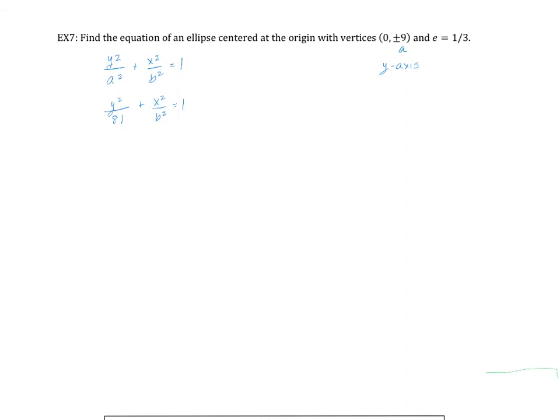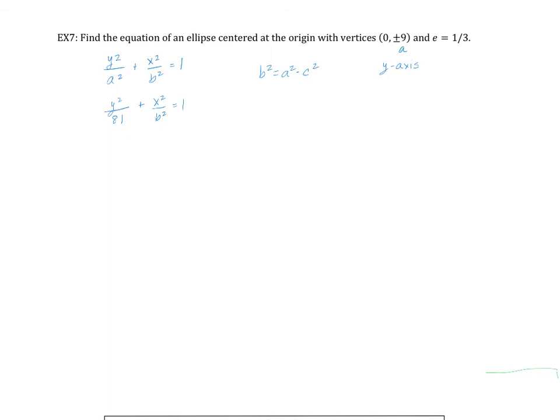Okay, and then I'm kind of stuck. I know that b squared in an ellipse is equal to a squared minus c squared, but I don't have, so this is what I do know. I know that b squared is equal to a squared minus c squared. And I do have a squared, I just don't have c squared, so I can't really find the b value.